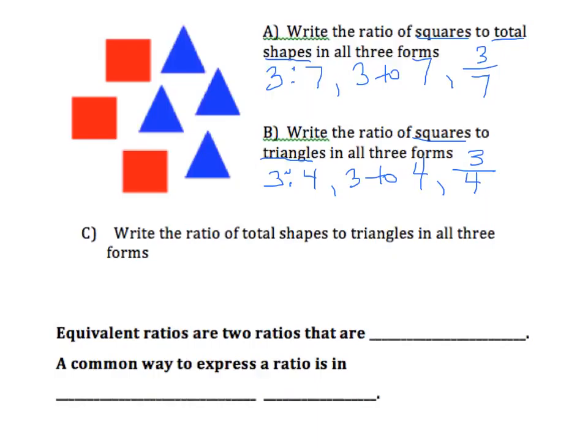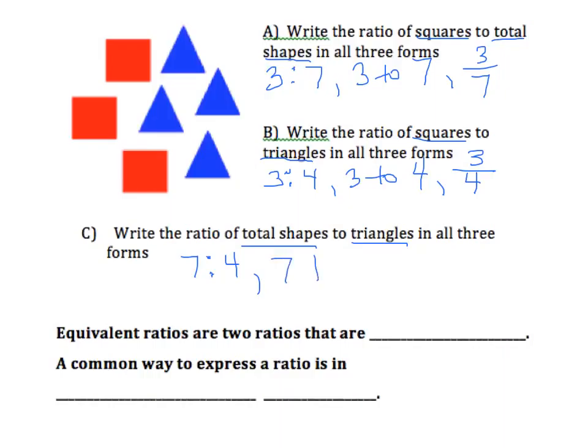All right, last one here, example C, says write the ratio of total shapes to triangles. If I look at how many total shapes I have, that's 7. If I look at how many triangles I have, that's 4. So this ratio would be 7:4. That's one way.